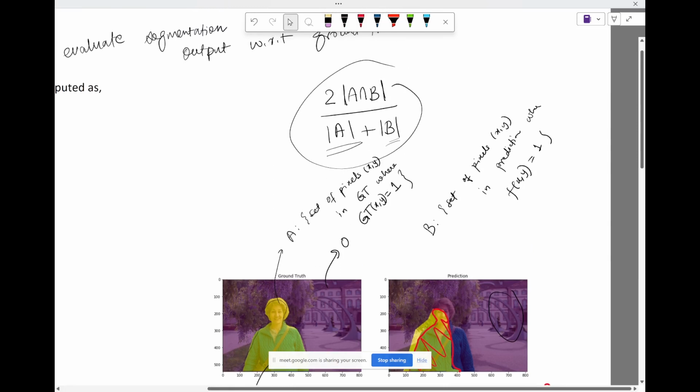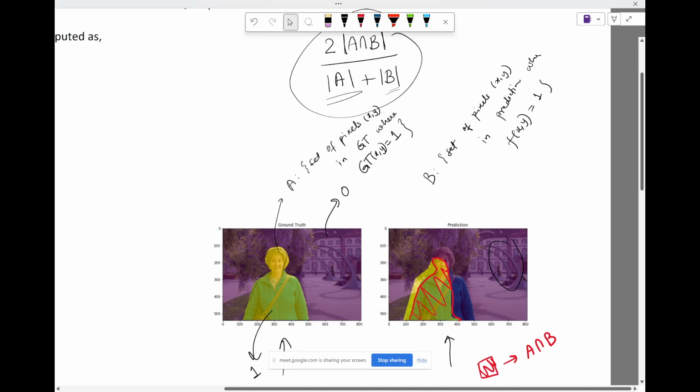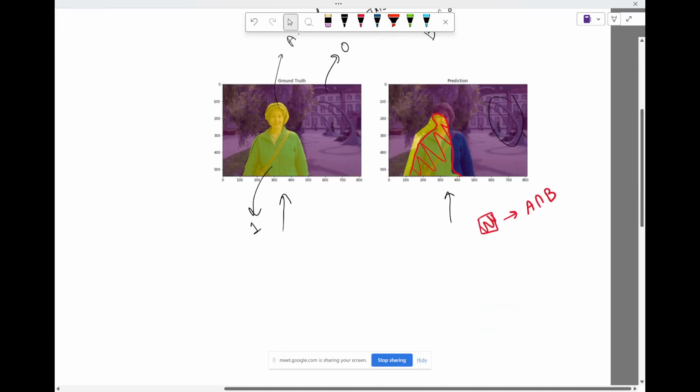So if the prediction was the same as the ground truth, what would happen? A intersection B would be the same as A, right?